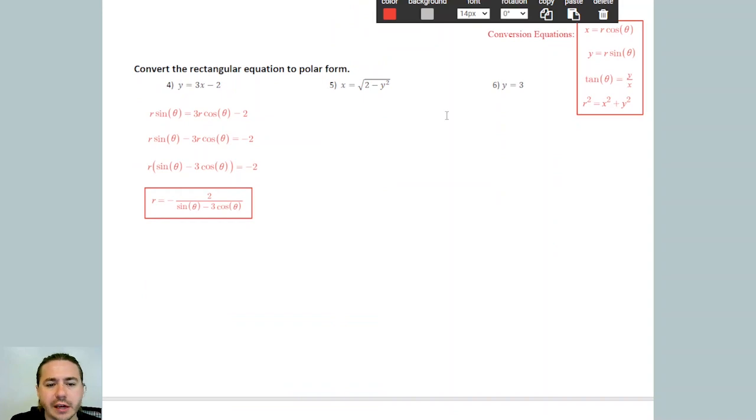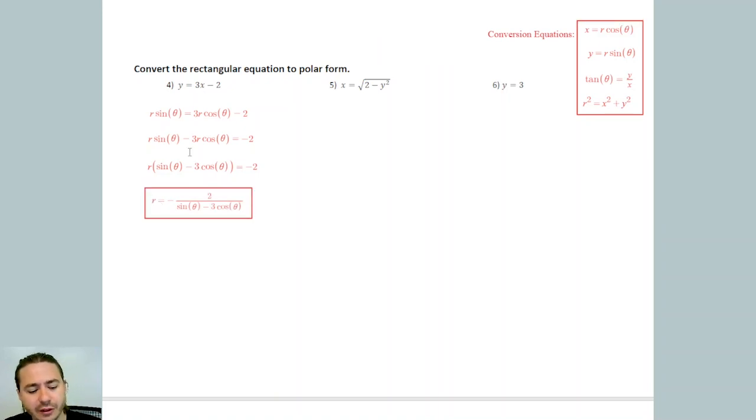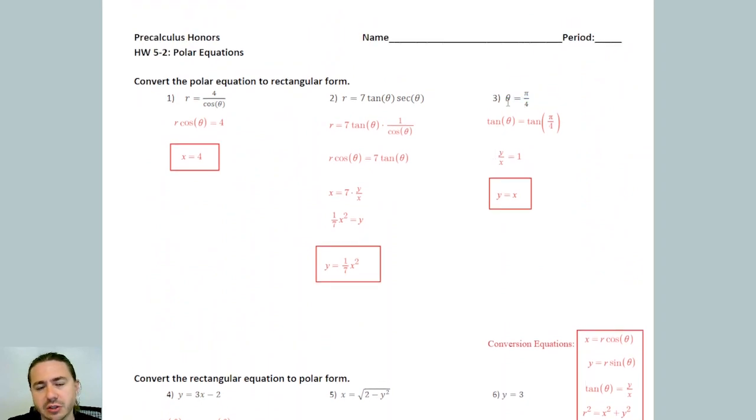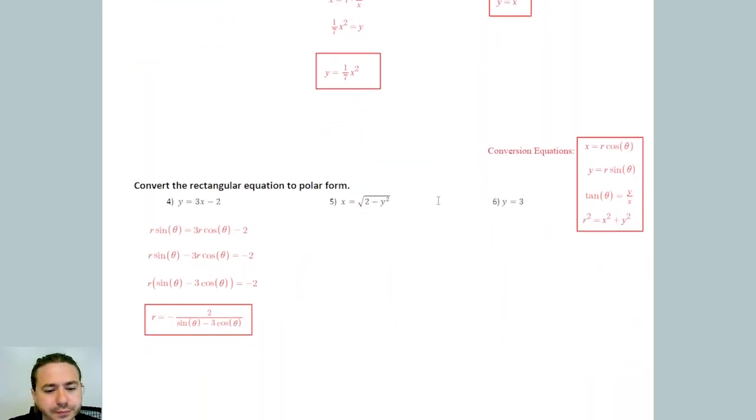If we're going from rectangular to polar form, the same kind of rule applies, except instead of solving for y, you want to try to solve for r. Generally, if we're going to write these equations as functions of theta, they are going to be r equals equations, if possible. There are some cases where you cannot, or you end up with an equation like this, and then you just solve for theta if there is no r.